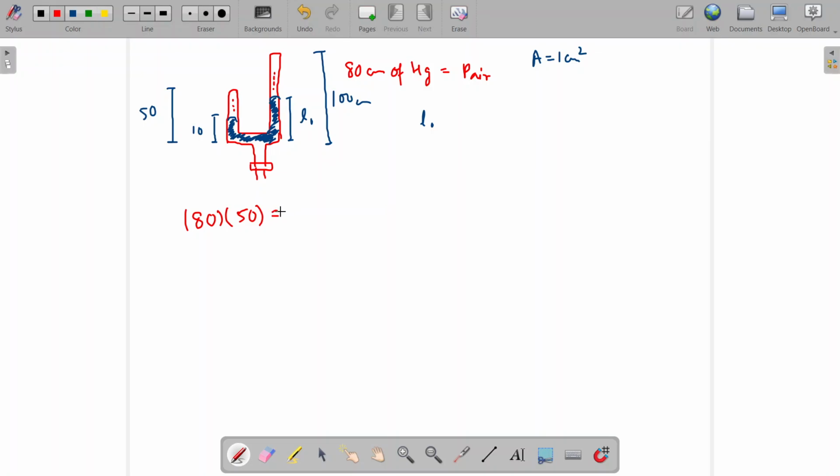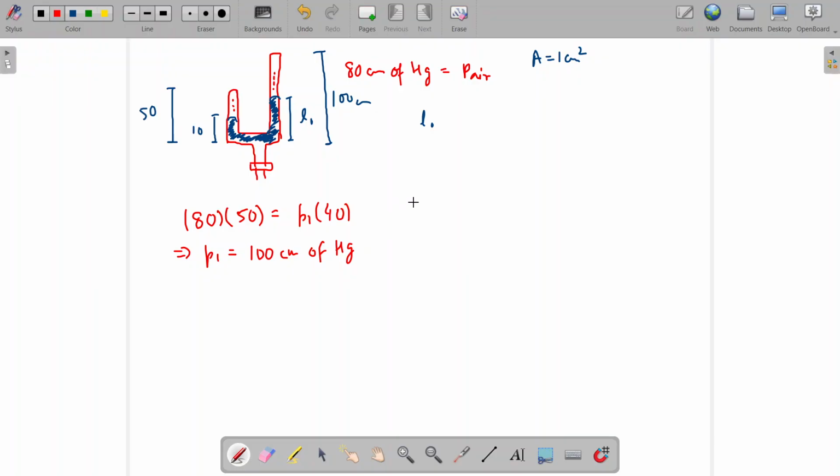Now finally, let's say the pressure inside the left column is some P1. The volume length is only 40 centimeter. So from this we can find the value of P1. P1 would be 50 by 40 into 80. That would be 100 centimeter of mercury.